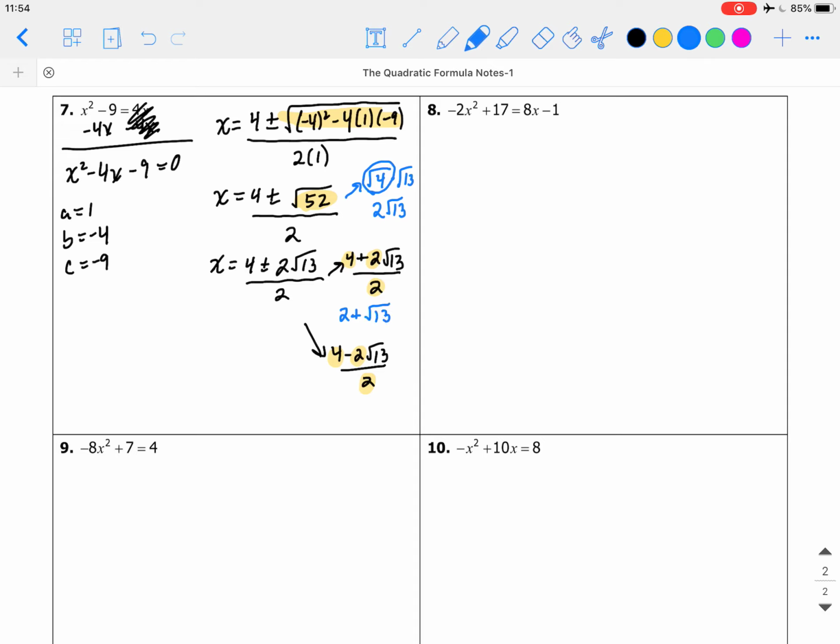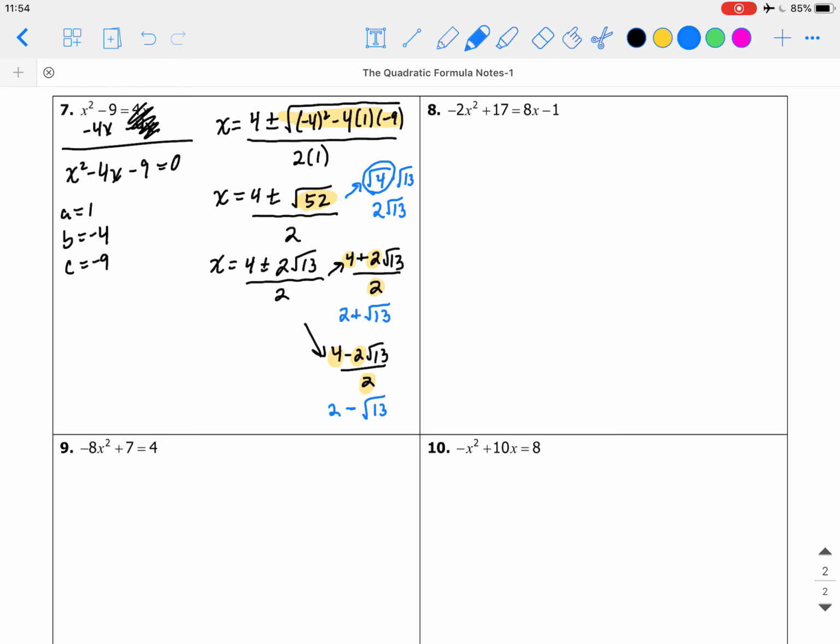And I'm going to do the same thing with the second setup. 4 divided by 2 will give me 2. Negative 2 divided by negative 2 will give me negative 1. I'm not really going to put the 1 there, but I will put the square root of 13.